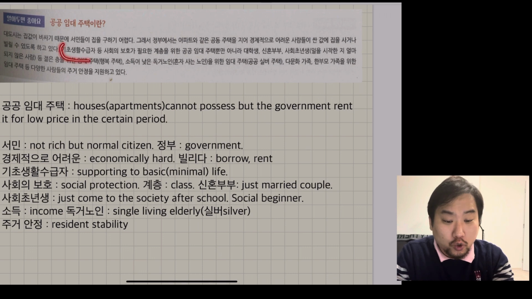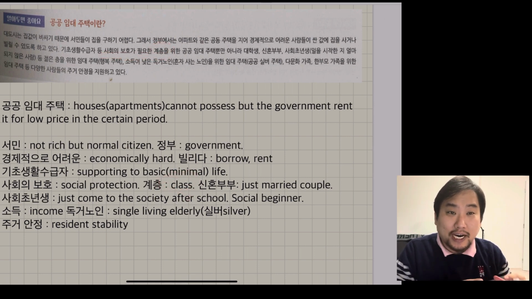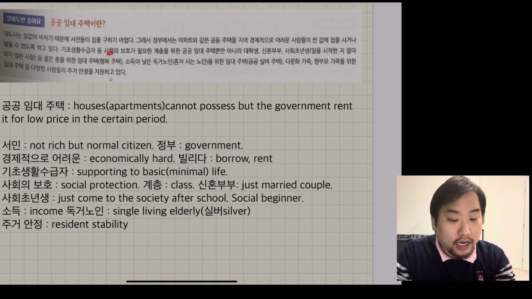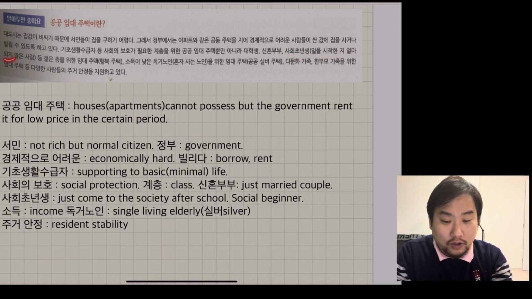That is 기초 생활 수급자 등 사회의 보호가 필요한 계층, a class which needs protection from the society. 사회에 필요한 계층을 위한 공공임대주택. The title 뿐만 아니라 대학생, university students, 신혼 부부, just married couples, and 사회 초년생. It means 일을 시작한 지 얼마 되지 않은 사람.